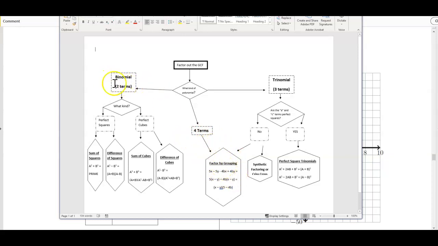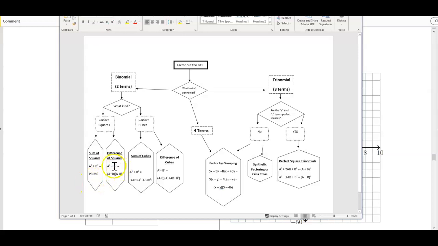But if it has 2 terms, if it's a binomial, then they're going to be perfect squares or perfect cubes. If it's a sum of perfect squares, so something squared plus something squared, we said that's prime, that can't ever be factored.